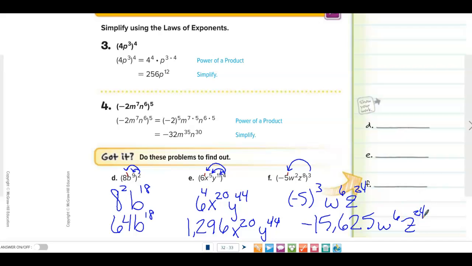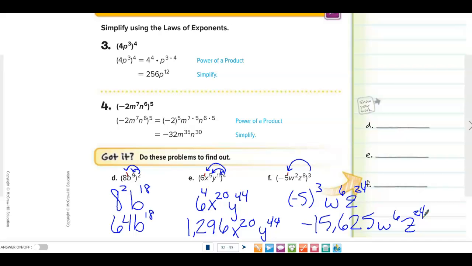Thumbs up if you got that. Did you just forget to actually multiply it out? Yes. I had 5 times 5 times 5. I got negative 125. Because 5 to the third is just 5 times 5 times 5.